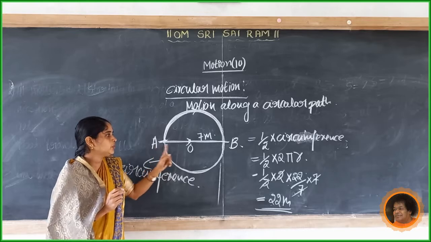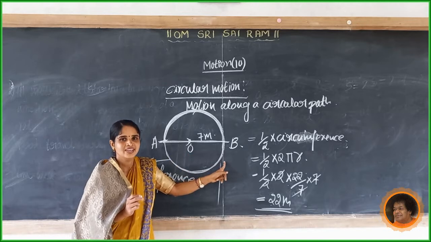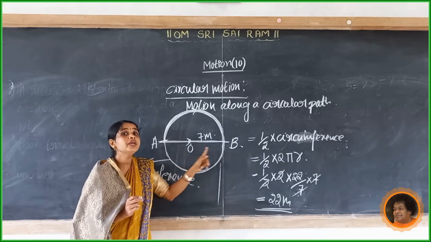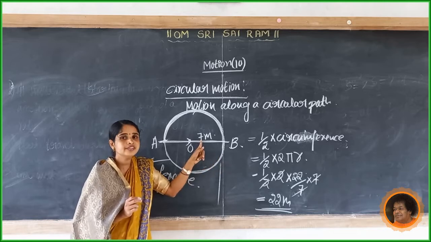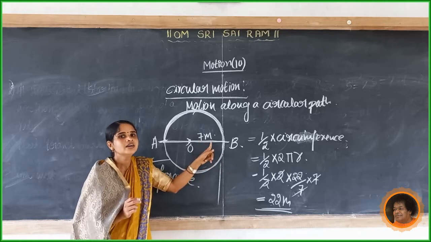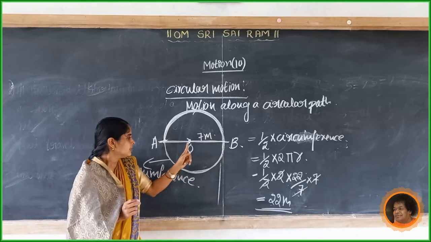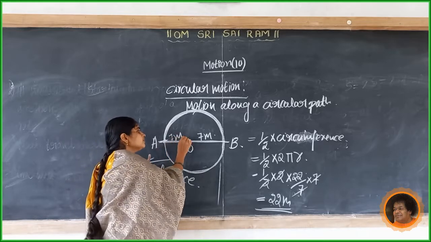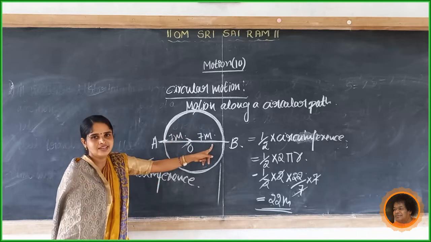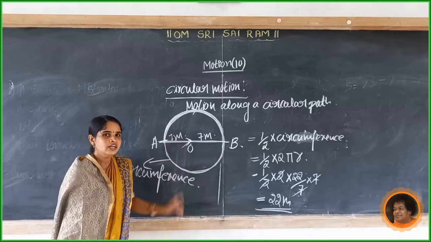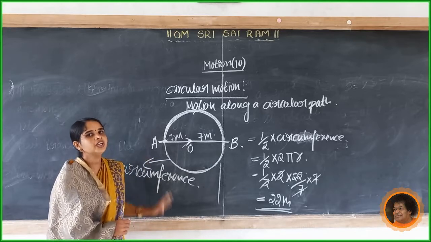The distance between A to O equals the distance between O to B. AO and OB, it is the radius, 7 meter. So OB equals 7 meter, then OA also equals 7 meter. So displacement is 7 plus 7. Displacement equals 14 meter.